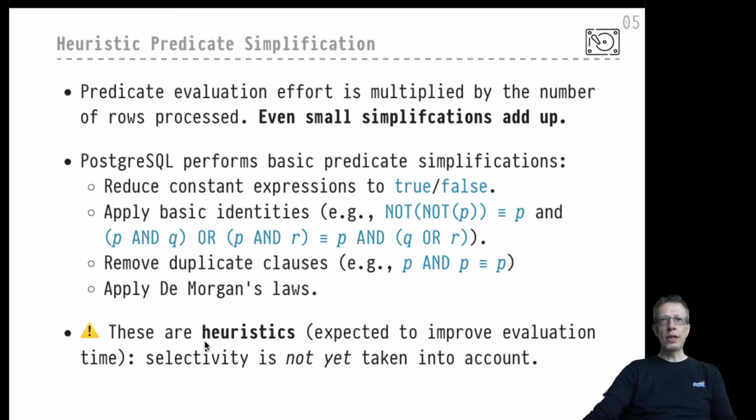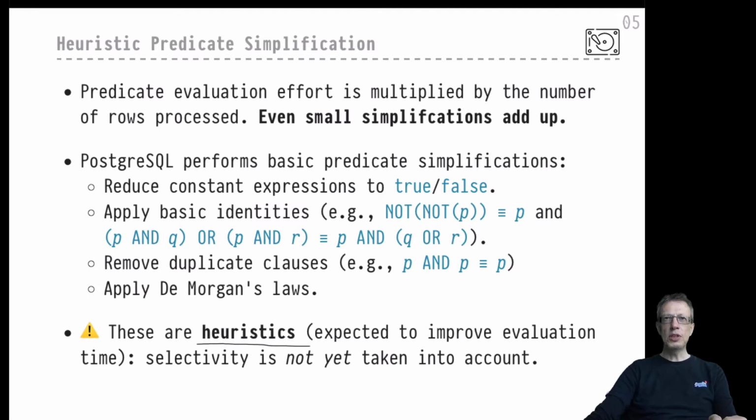I'm underlining the heuristics here because these are simplifications of predicates that are assumed to be beneficial. They will probably simplify the evaluation at runtime, so let's apply them. What's not taken into account here, so let me rephrase it, it's not considered yet how costly these subpredicates may be and how selective they are.